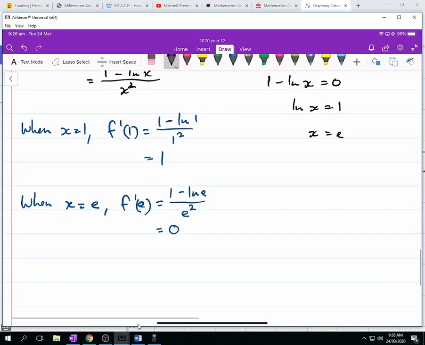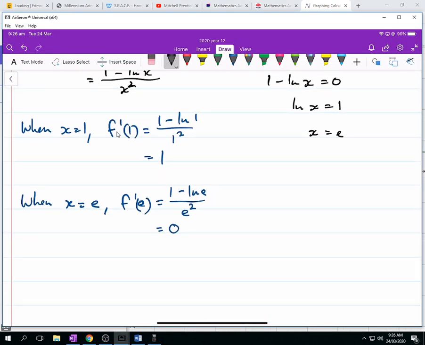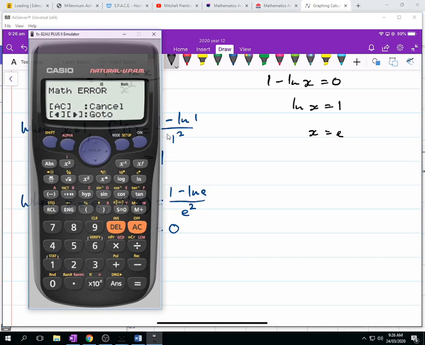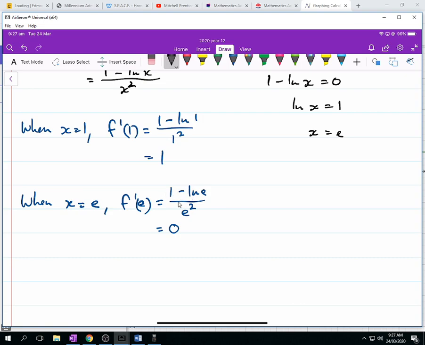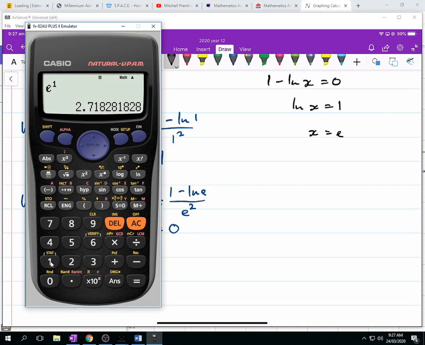Remember, we'd use our table of signs. We've done a gradient before it and said the gradient is 1. If I check a gradient after e, for example I could use 3, because as you know, e is equal to 2.7, then I would actually get a negative number because 1 minus ln of 3 is a negative number.